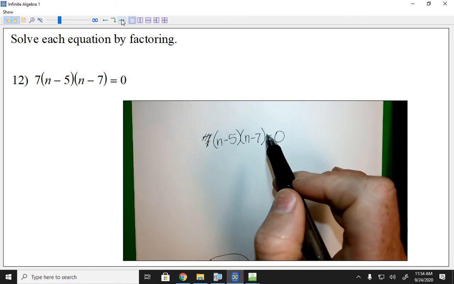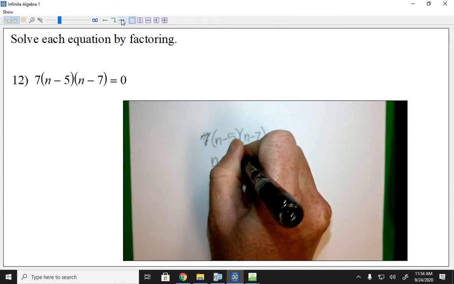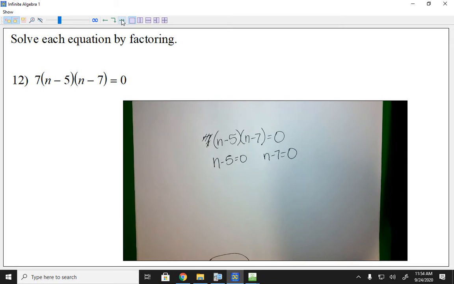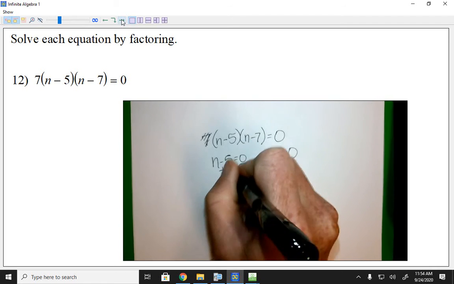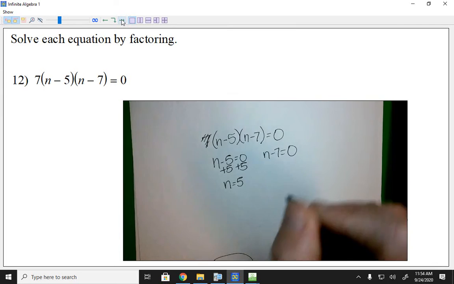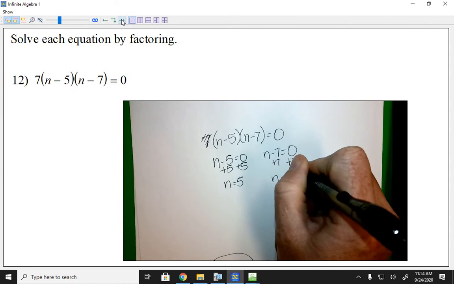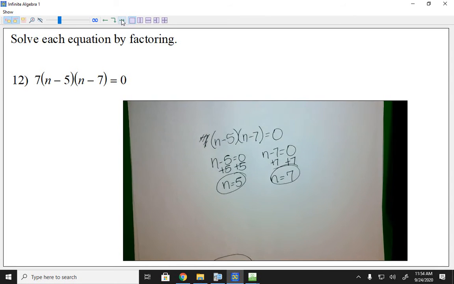So this and this have variables. So we're going to say the first one equals 0, the second one equals 0. Solve for n separately, so over here I just add 5 to get n by itself. So 5 is one answer. Add 7 over there, and 7 is the other answer. So there's two answers, 5 and 7.